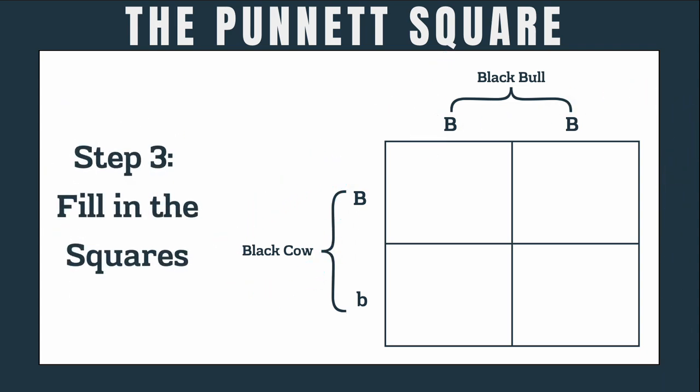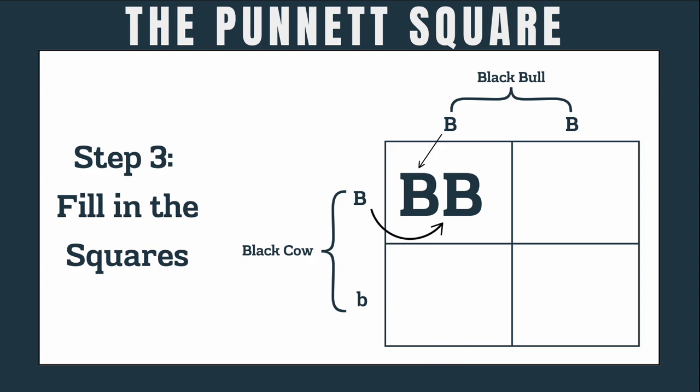So step 3, you're going to fill in the squares. So stay with me because we're going to combine the alleles from the top and the alleles from the side. So we're going to bring one over and one down. So we've got uppercase and uppercase. You can see that we bring this allele down, which is this one, and this one over.